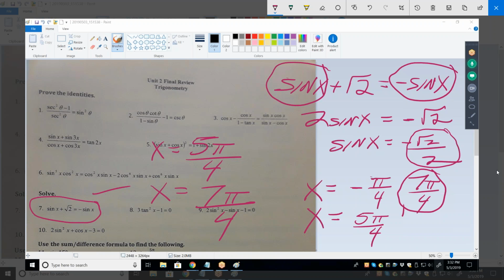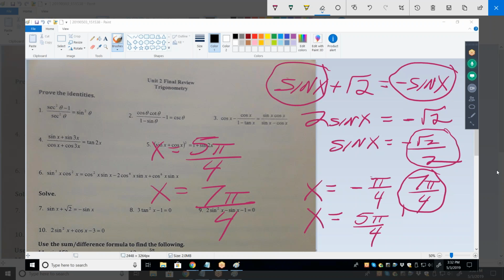Now, because they did not specify a domain, most of the time they'll tell you that it needs to go between 0 and 2 pi. This would be only two answers.